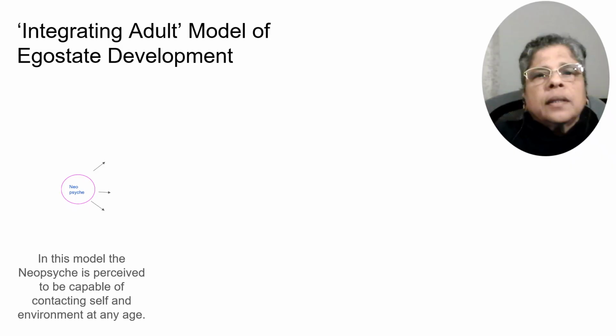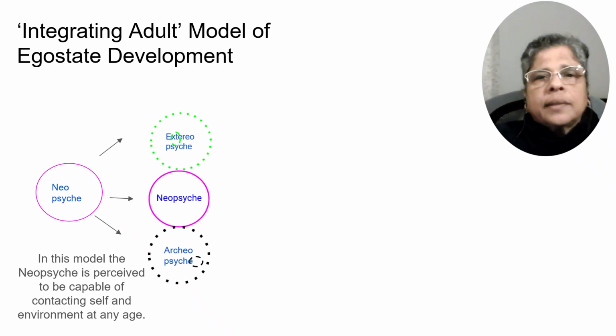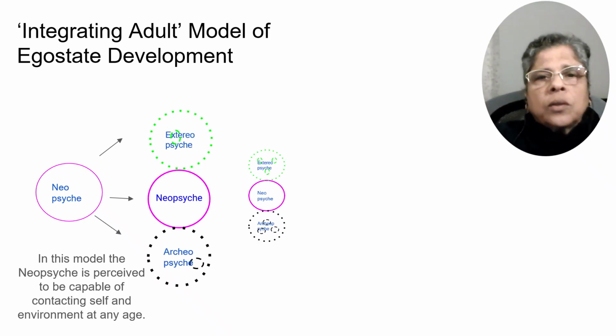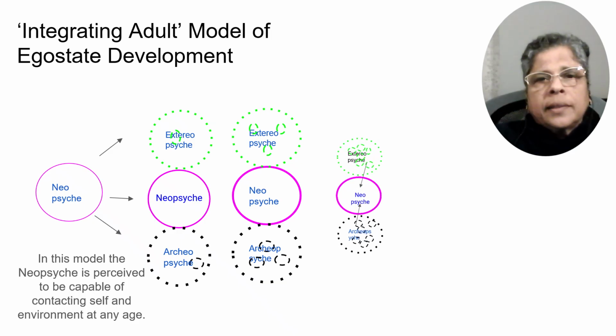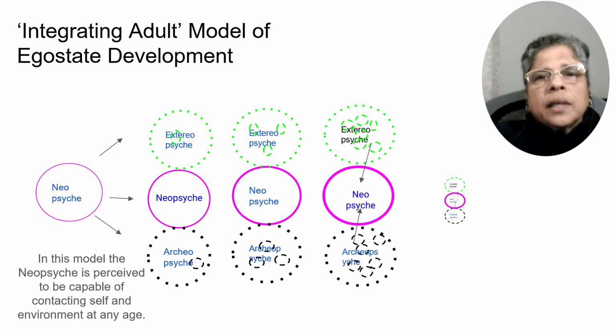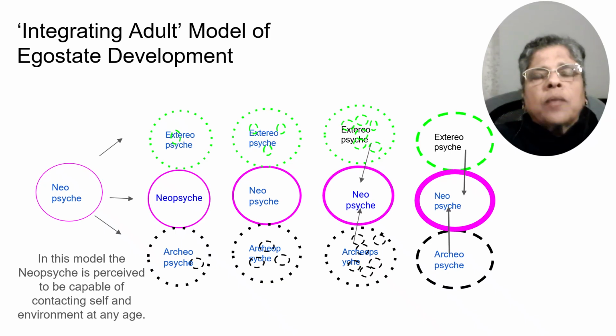As said earlier, here you can see that the neopsyche is shown in the same size, and the exteropsyche and the archeopsyche are shown in dotted lines to imply that at every stage the neopsyche has the ability to process what comes in the archeopsyche and the exteropsyche, and what manifests in the now comes from the neopsyche.